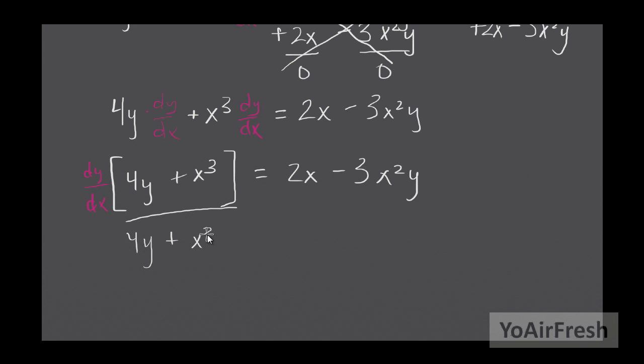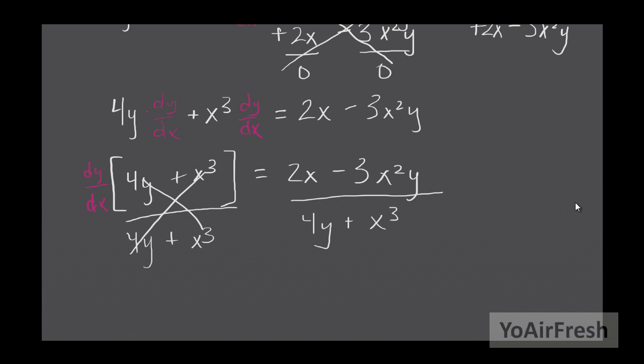So 4y plus x cubed cancels, again leaving the dy dx. And you can see that our answer is dy dx equals 2x minus 3x squared y all over 4y plus x cubed.